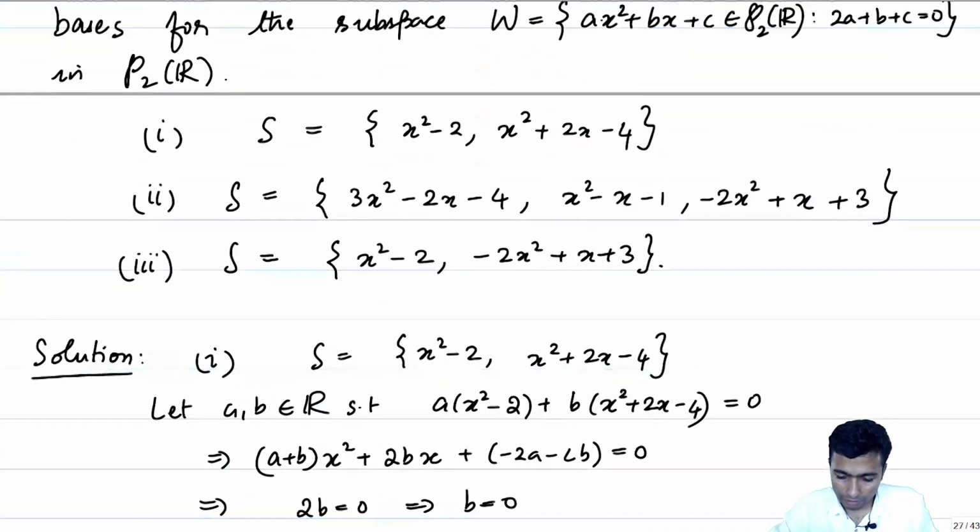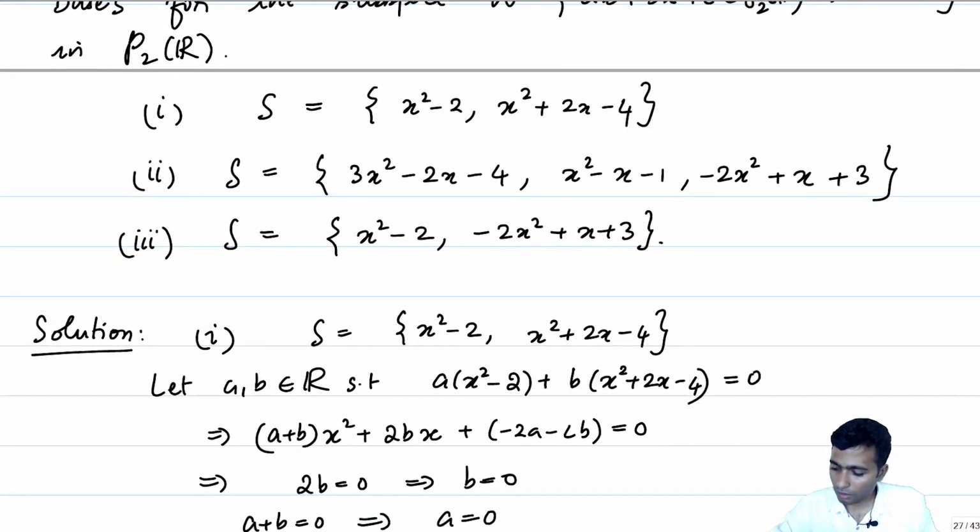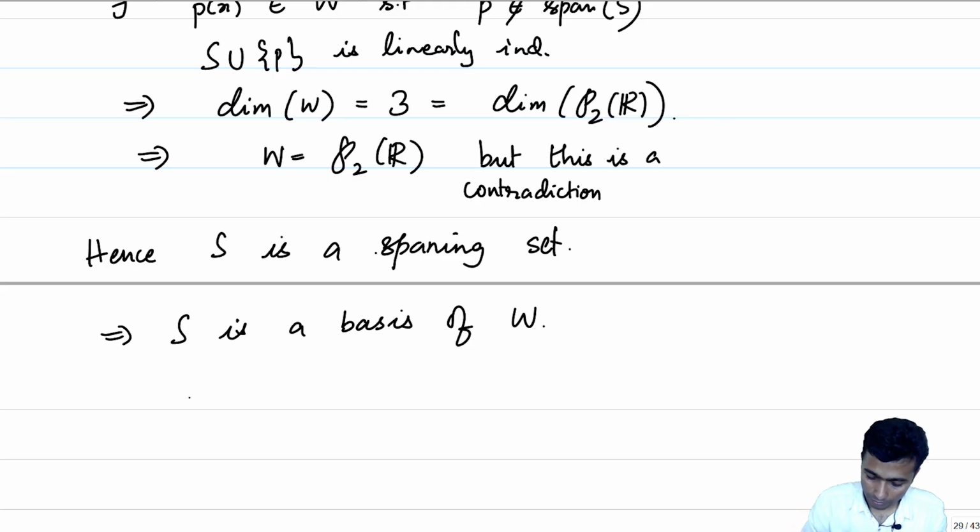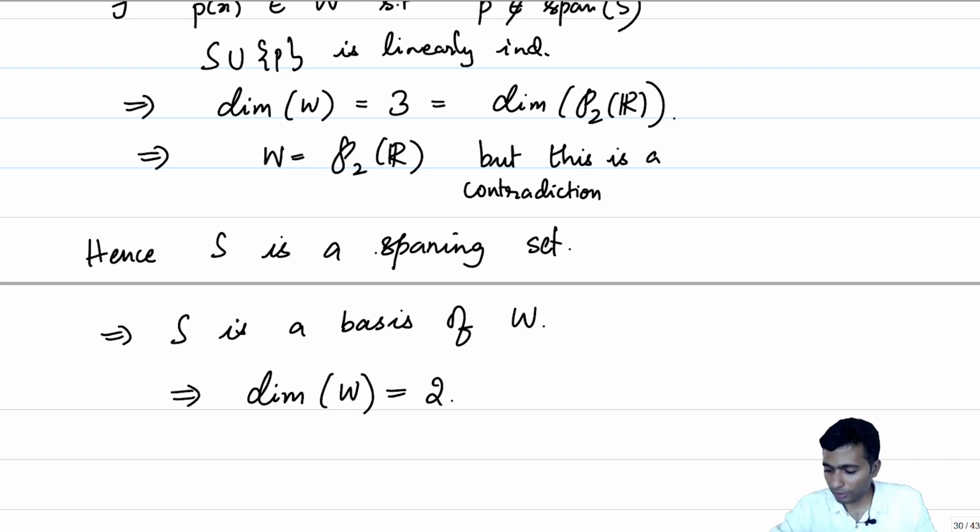Alright, so we now have, we can conclude something more. This means that the dimension of W is equal to 2. Dimension of W is equal to 2. Okay, good.